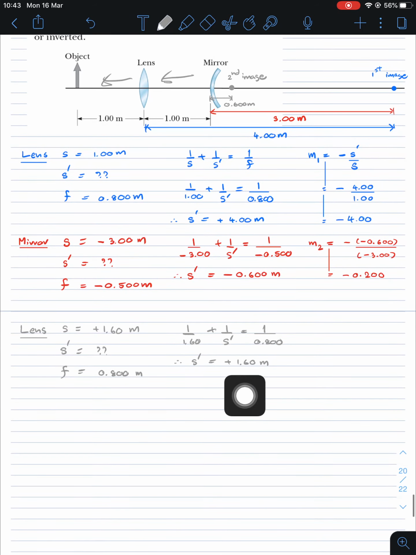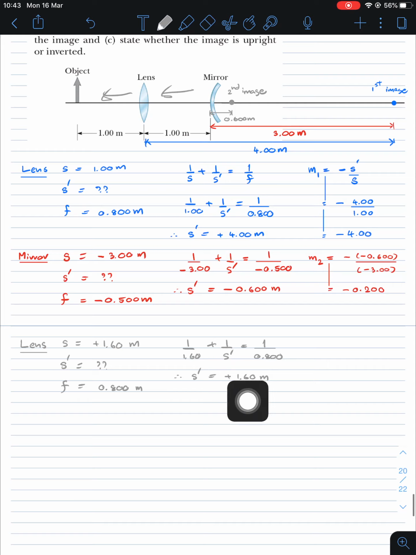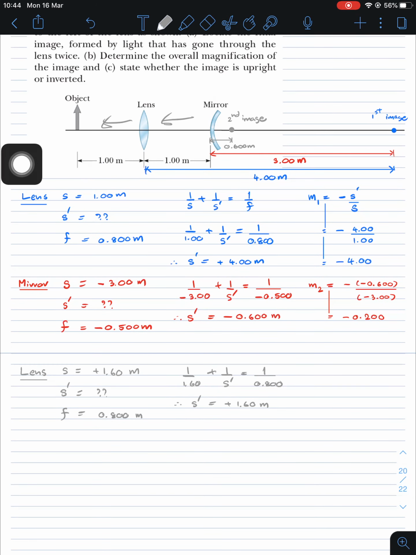The image distance is positive, so it will be on the same side as the refracted light ray. The reflected light ray is on the left-hand side of the lens, so this image will be on the left-hand side of the lens as well.